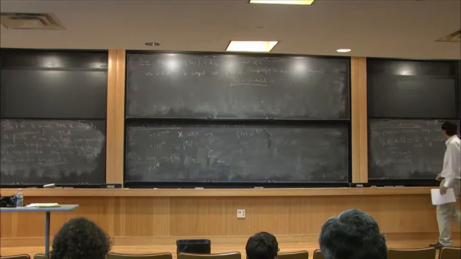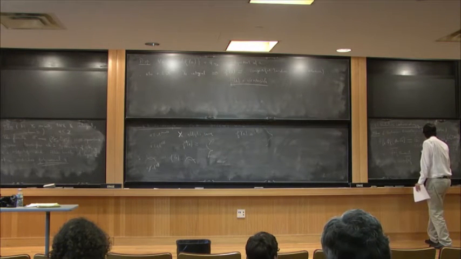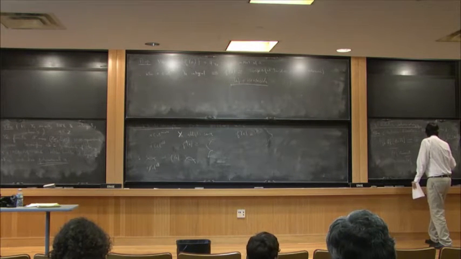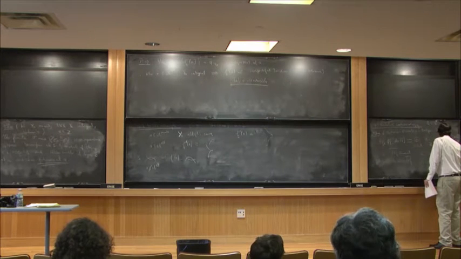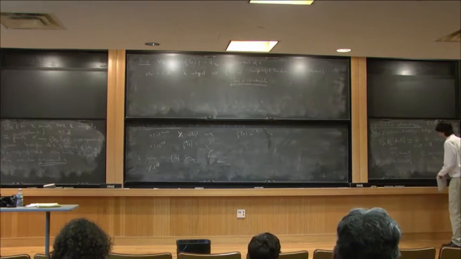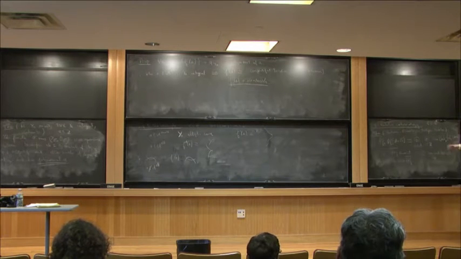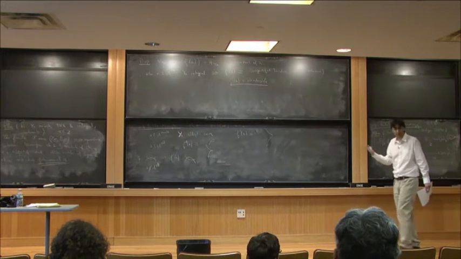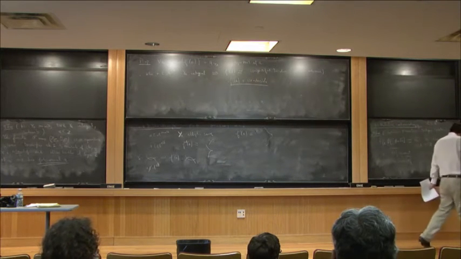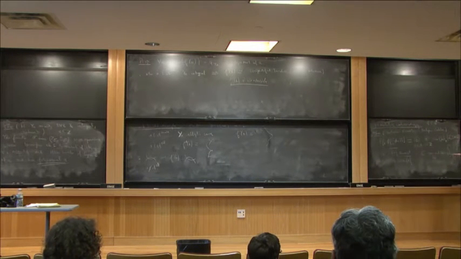And what is L_a^i? This is a semi-simple local system on U_a. So we have some closed subset in the base. On some open subset of this closed set, we have a local system.